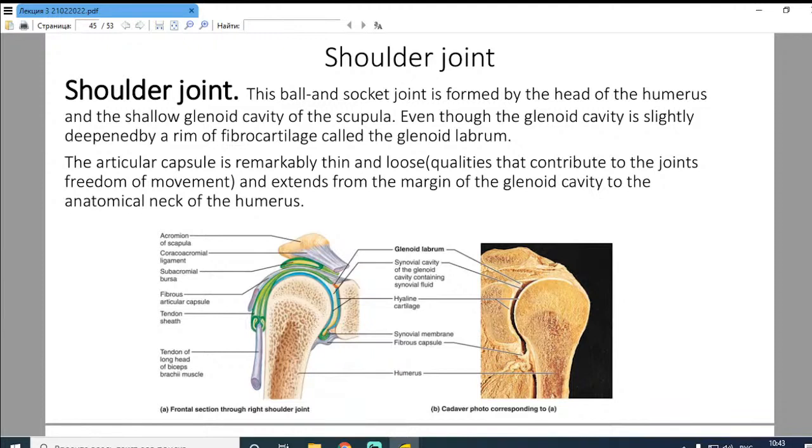You see the fibrous capsule, glenoid labrum, synovial cavity, hyaline cartilage, subacromial bursa, and tendon sheath.